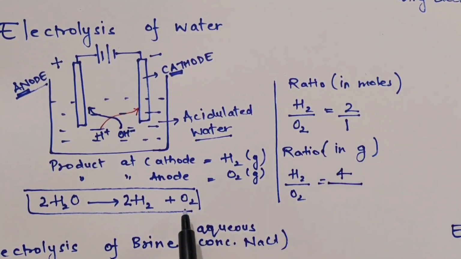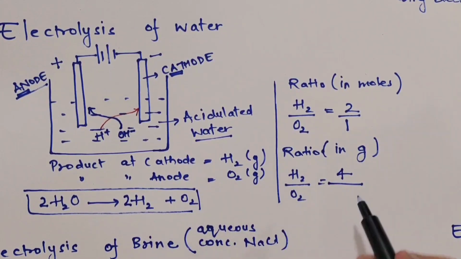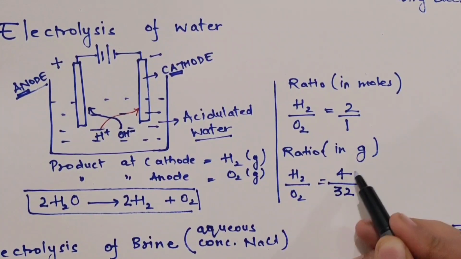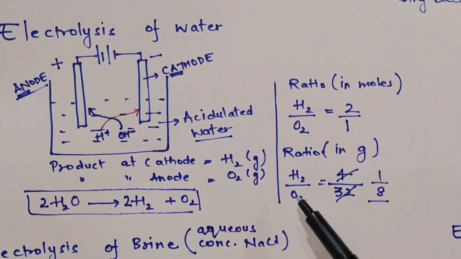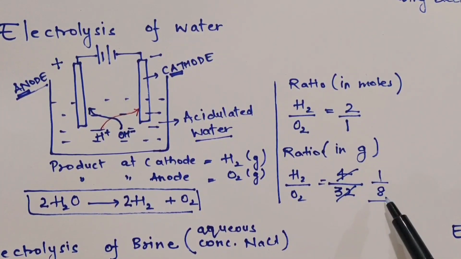Oxygen, only 1 molecule is formed. Atomic mass of oxygen is 16. So O2 would be 32. 1/8 is the ratio of hydrogen and oxygen produced in terms of grams. Okay, this has been a board question. Now, that is all about electrolysis of water.